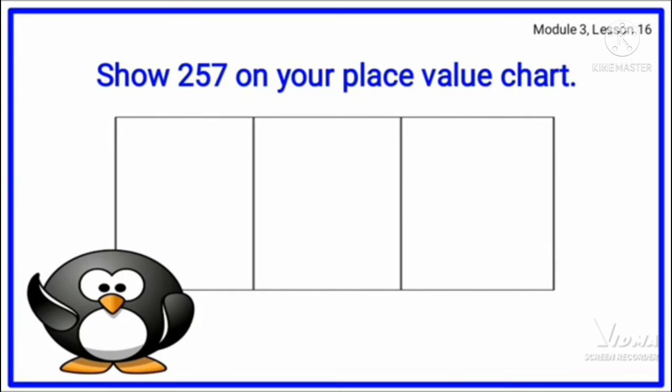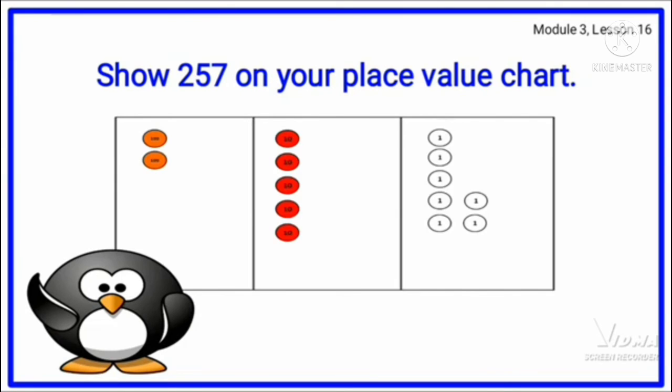Alright, use place value disks to show 257 on your place value chart. 257. 2 disks of 100, 5 disks of 10, and 7 ones.